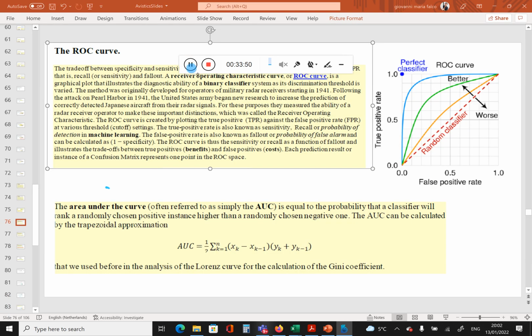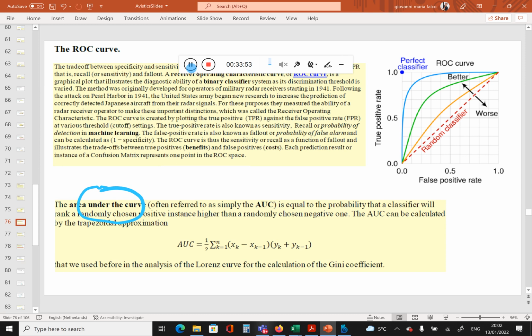This area under the curve is a very useful tool, because the more our curve approaches the perfect classifier, the larger is this surface, the better is our classifier.